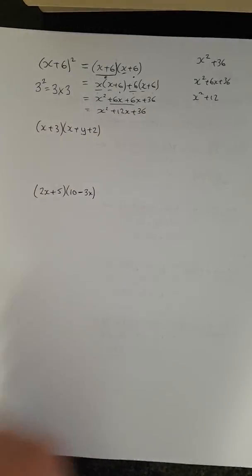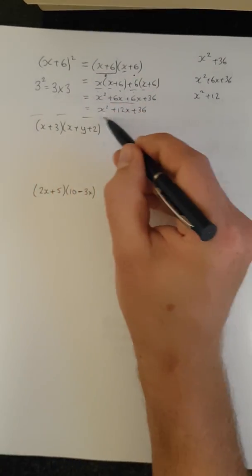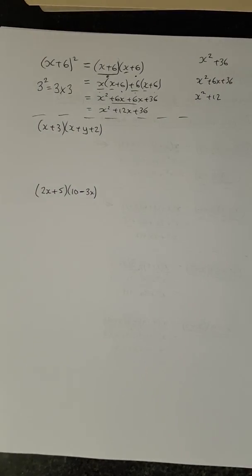Then we tidy up by simplifying. In a rush, people will often forget what squared means and will put down one of these other answers. Take your time and think it through.